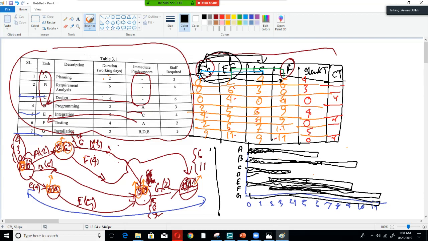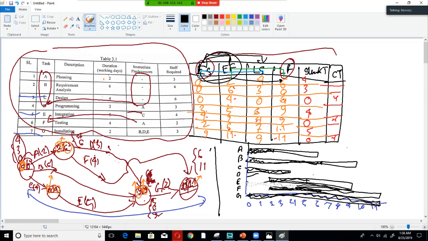E needs to be changed. I had put E from 0. Yes, E is 4 to 9. So E will be from 4 to 9.